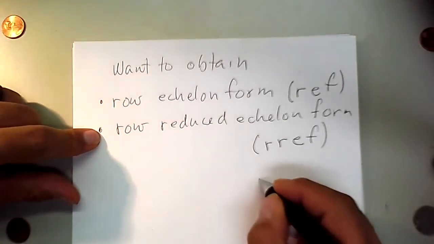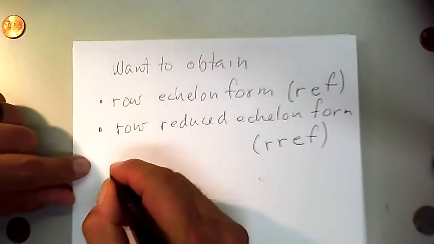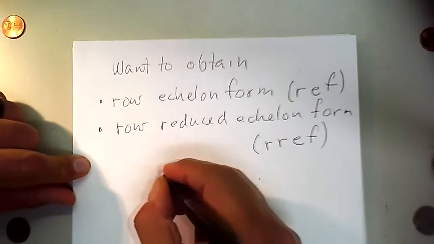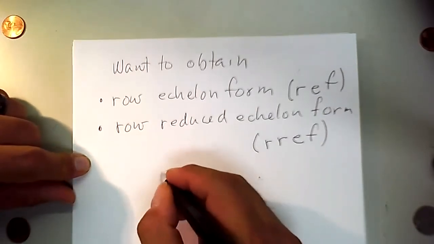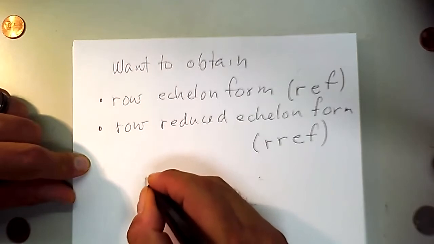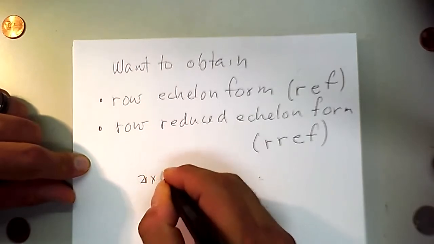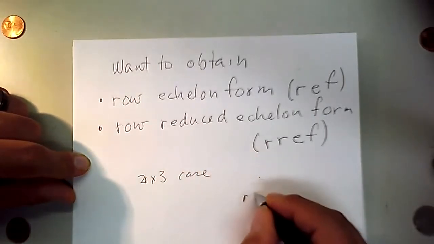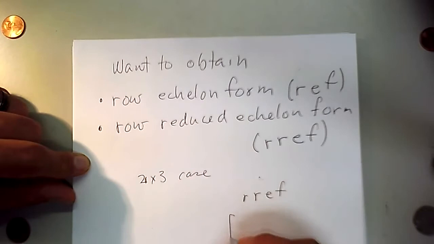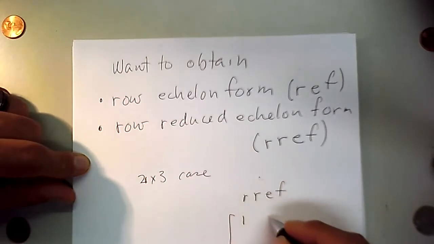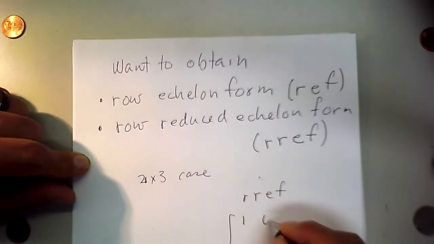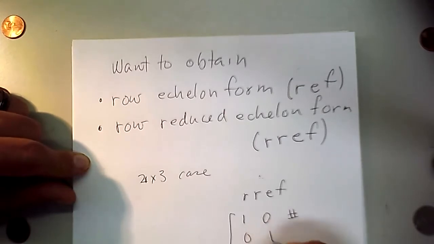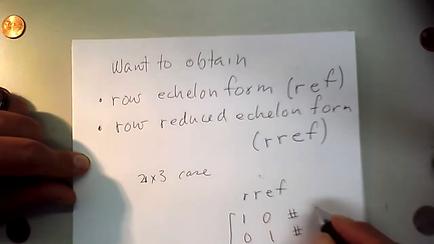If we have a 2 by 3 matrix, the row reduced echelon form should look like this: 1, 0, some number, 0, 1, second number.